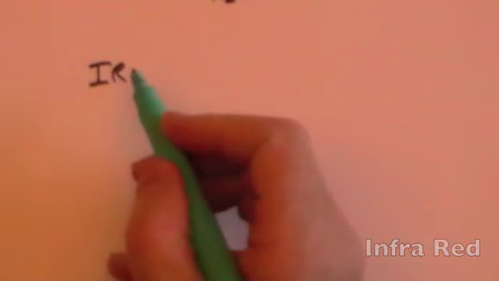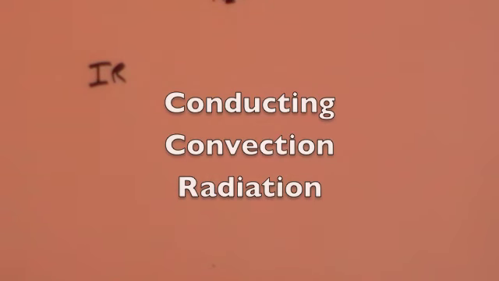So now we move up the spectrum. We've done radio waves and microwaves. The next is infrared. Infrared is essentially what we perceive as heat. Not all heat comes to us through infrared radiation. As we shall learn later, there are three main ways in which heat is transmitted: by conduction, by convection, and by radiation.